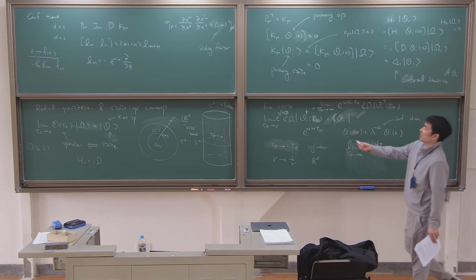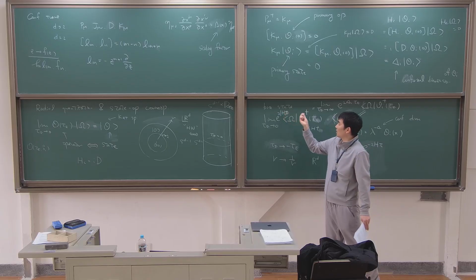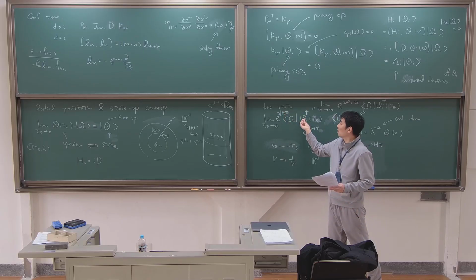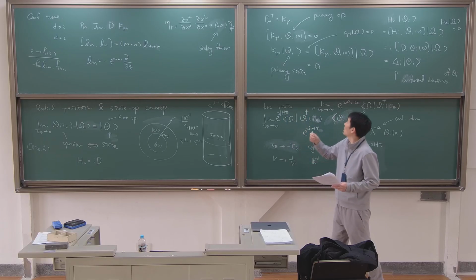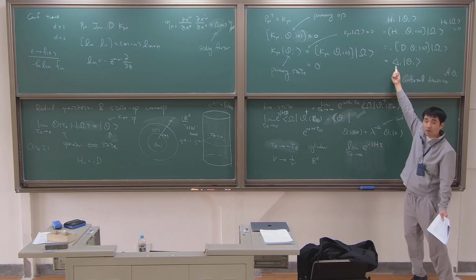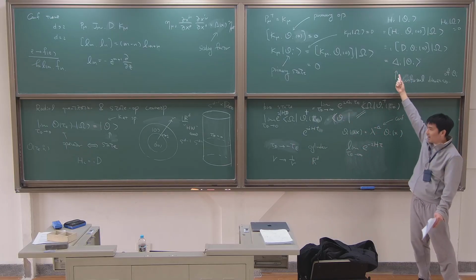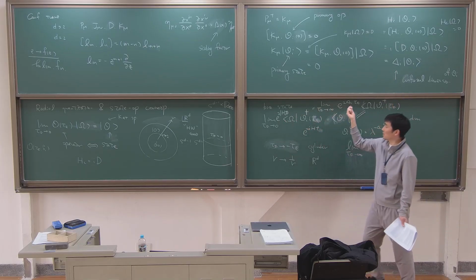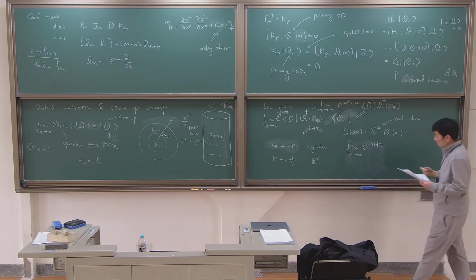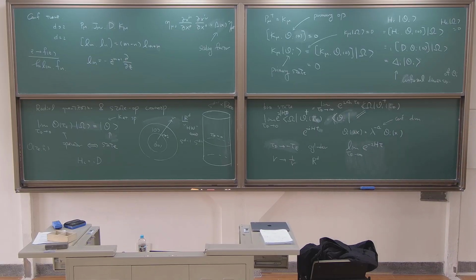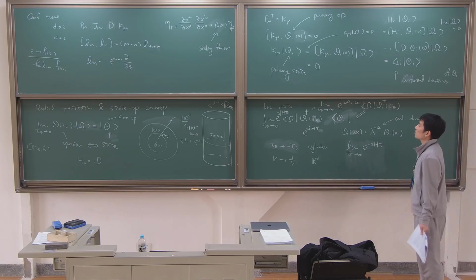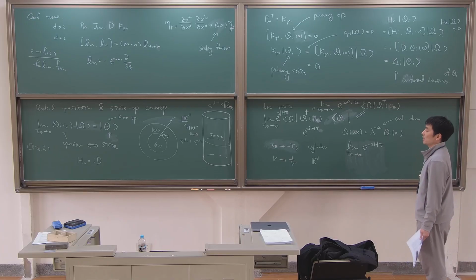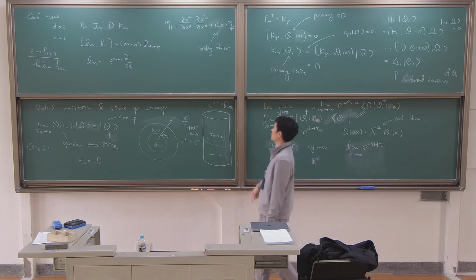So now H acts on this O_i, you get the dilatation operator, the conformal dimension. So therefore, this multiplication is the same as this multiplication. That's what I want to do. Okay, so that's how you define the bra state in this radial quantization.